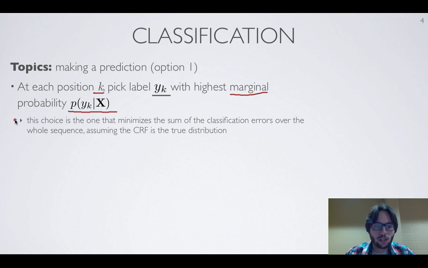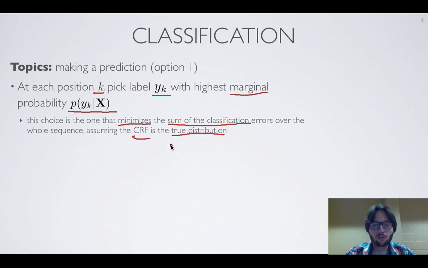Now, we can actually show that this procedure for constructing a prediction sequence, a sequence of labels that we would provide as an answer, corresponds to the prediction that minimizes the sum of classification errors over the whole sequence, if we assume that our linear chain conditional random field, our model, is the true distribution that produced the sequence labels in our data set.